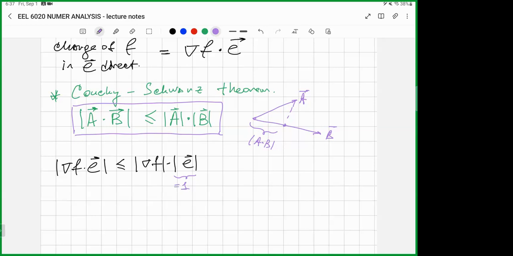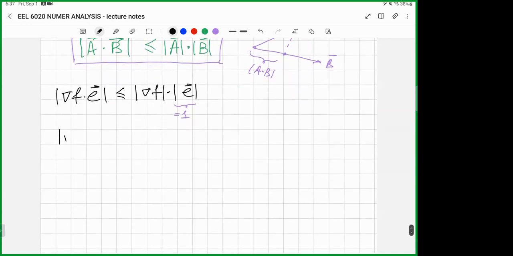So it equals 1, which means that the modulus of gradient times E is less than or equal to the modulus of the gradient. Okay.